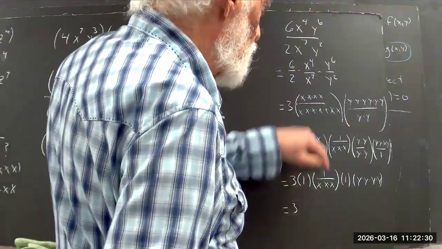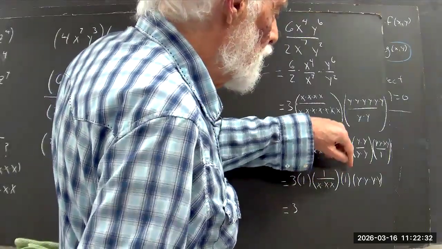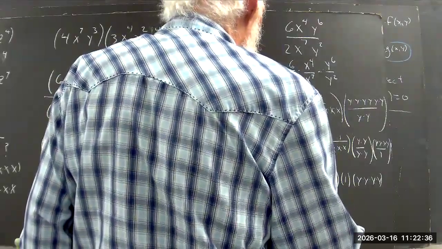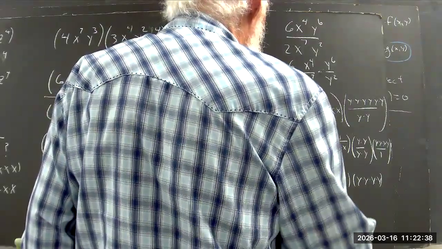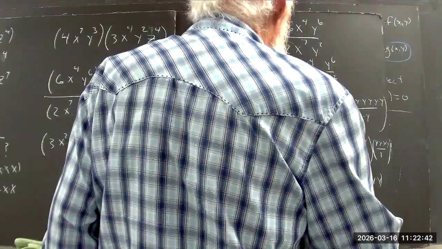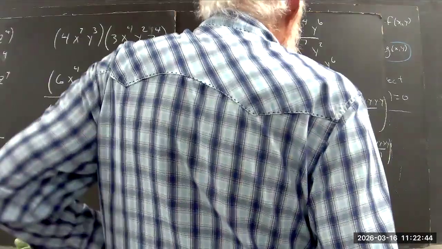And if you wish, multiplying 1 over x times x times x times 1 is just still 1 over x times x times x. And then that's multiplied by y times y times y times y.